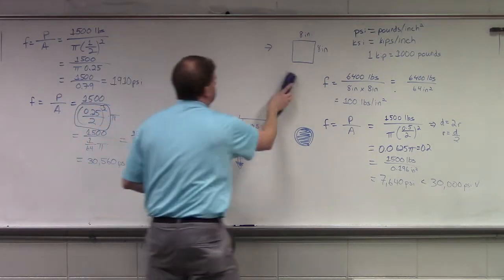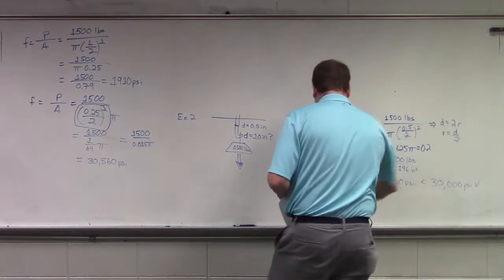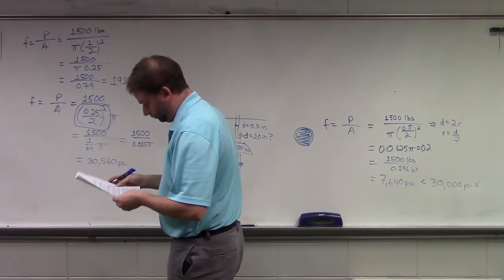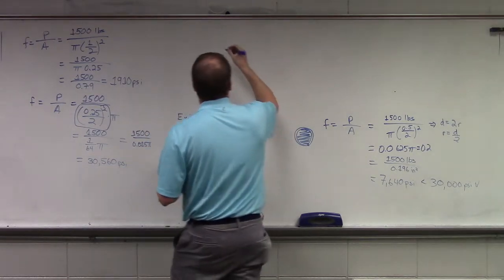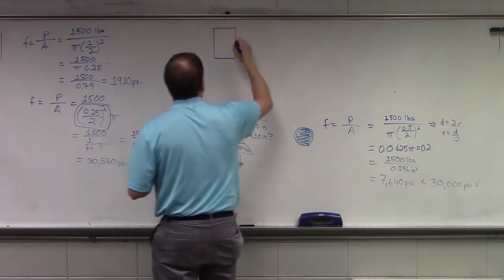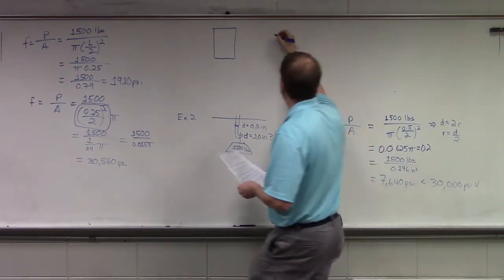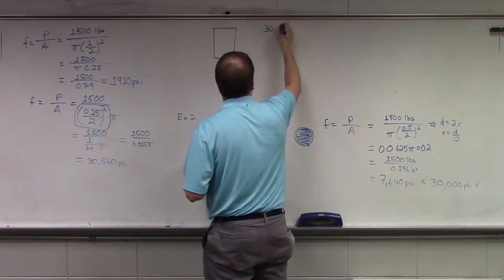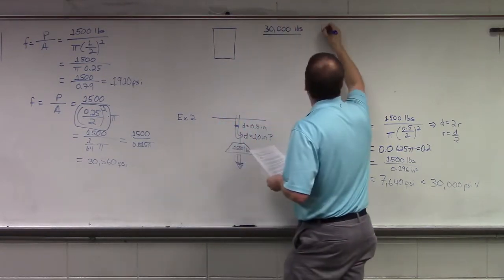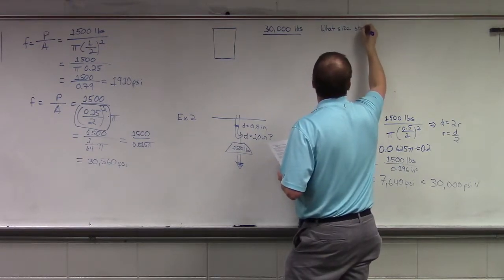Okay, so we'll look at example 3. It's actually from your book, example 1 is what they call it. So we're going to design a square post, okay? We need to be able to have it carry 30,000 pounds. What size should this post be?